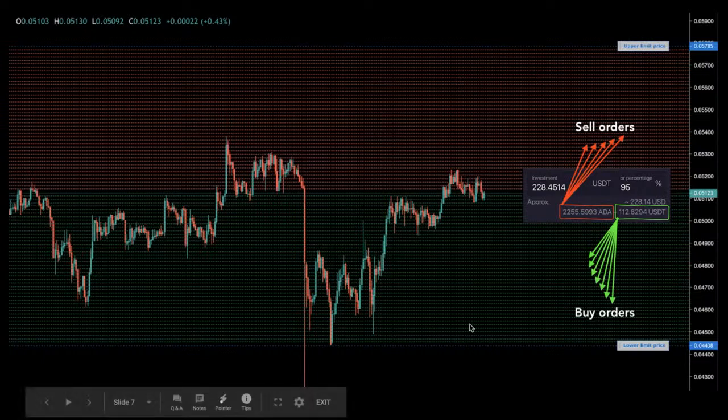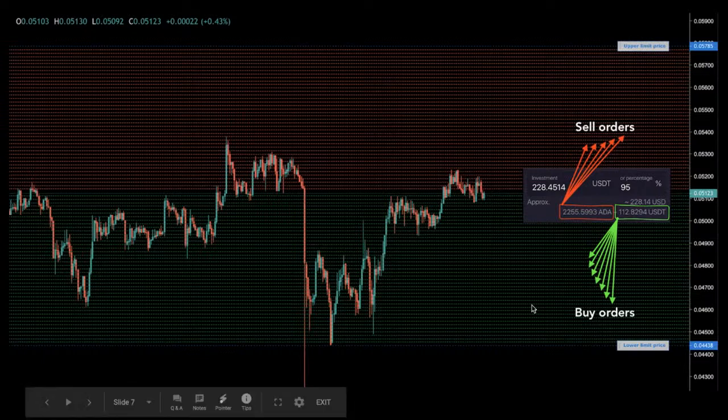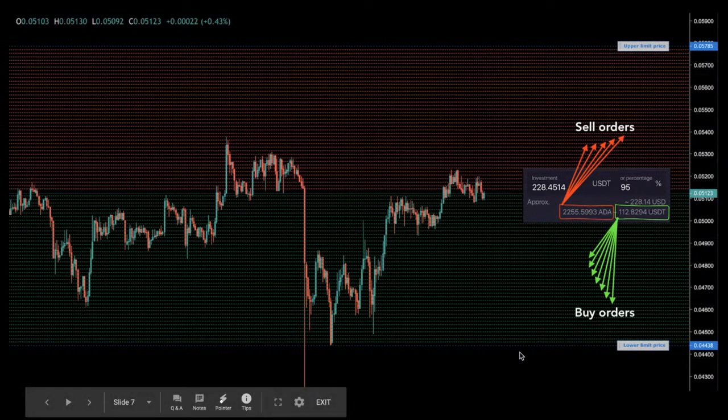So if you have, let's say, 100 grid levels, that means that you have in total 100 limit orders, and that can be buy and sell orders, or only sell orders, or only buy orders. And here is a perfect visualization for you of grid sell orders and buy orders.